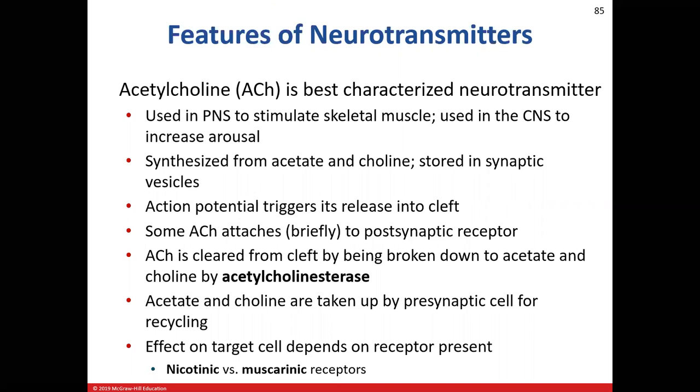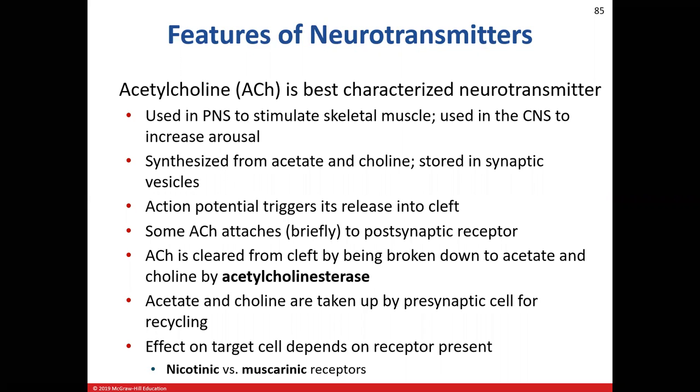It's synthesized from acetate and choline and is stored in synaptic vesicles within that synaptic bulb. The action potential that arrives at the presynaptic neuron triggers its release into the synaptic cleft. Some of the acetylcholine then attaches briefly to the postsynaptic receptors.